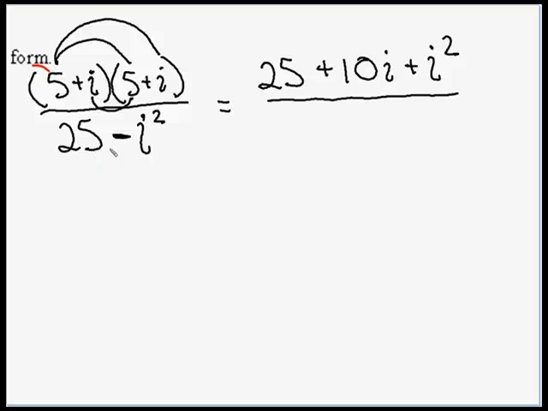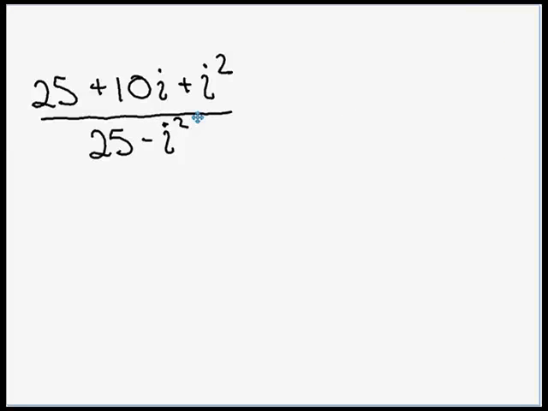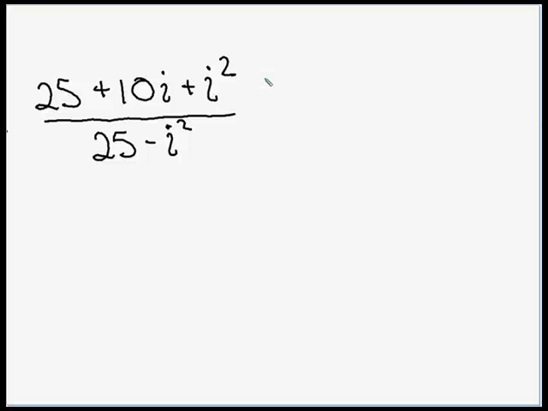In the denominator, let's just leave that as 25 minus I squared for now. Because remember, we can do something with that I squared. I squared is the same thing as negative 1. So this plus I squared is going to become plus a negative 1.